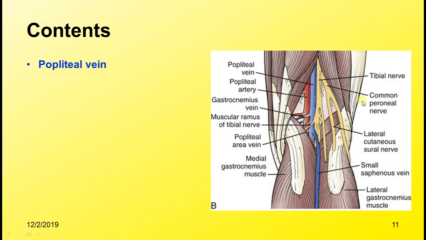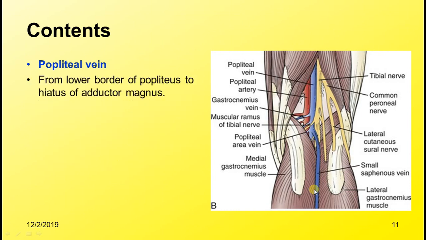Coming to the popliteal vein. Here you are able to see the popliteal vein. It is formed by the union of the anterior and posterior tibial veins. The anterior tibial vein and posterior tibial vein are in the form of venae comitantes.